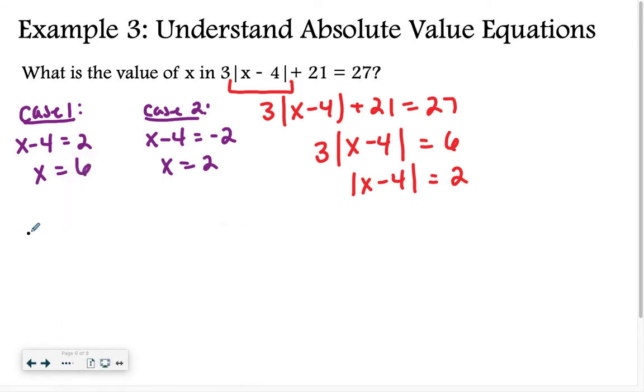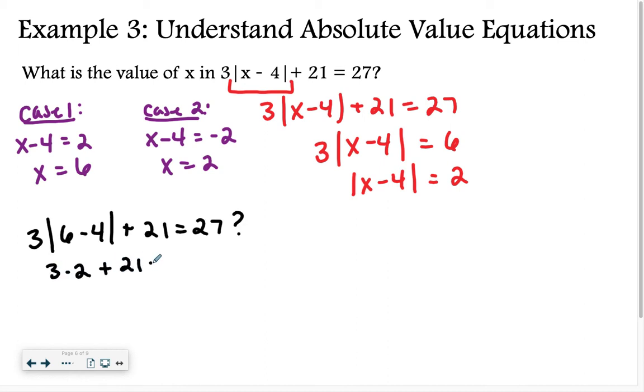I can say 3 times the absolute value of 6 minus 4 plus 21. Does that equal 27? 6 minus 4 is 2, so I have 3 times 2 plus 21 equals 27. So that's 6 plus 21 equals 27, which is true. So I know 6 is a correct answer, and then I have 3 times the absolute value of 2 minus 4 plus 21.